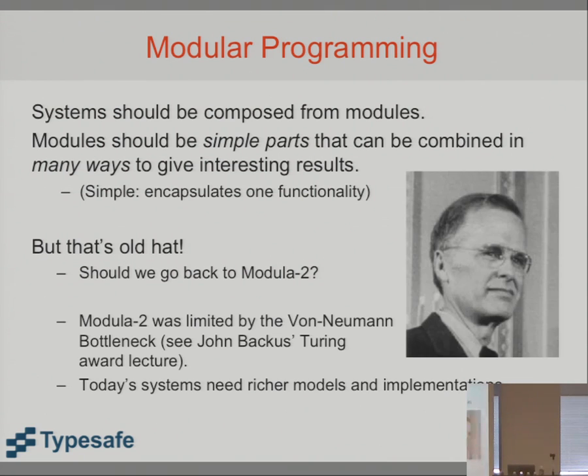But of course we shouldn't. So Modula-2 was, I think, a very good modular language for its time, the early 80s. But nowadays it would be completely outdated because it's really part of these von Neumann languages, and it hits the same von Neumann bottleneck.